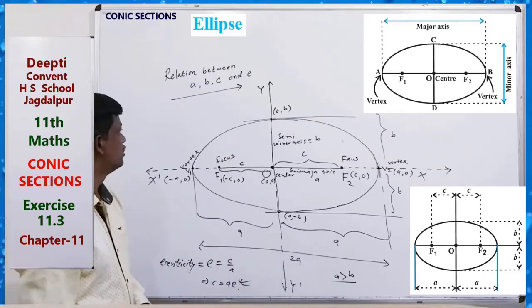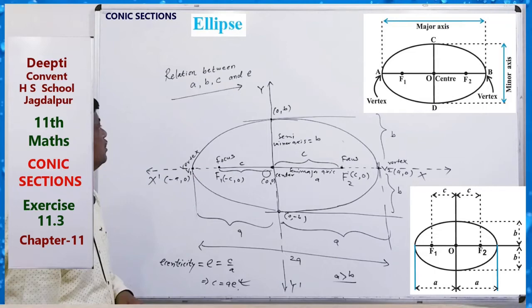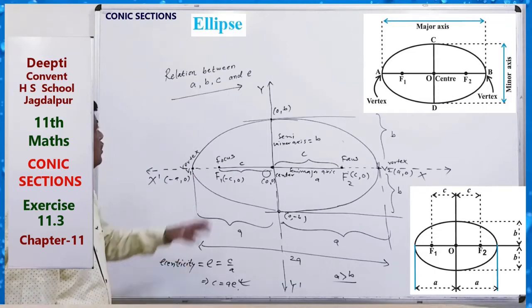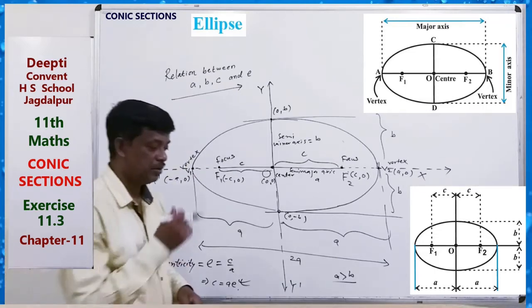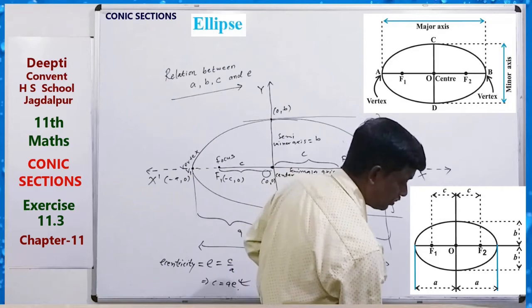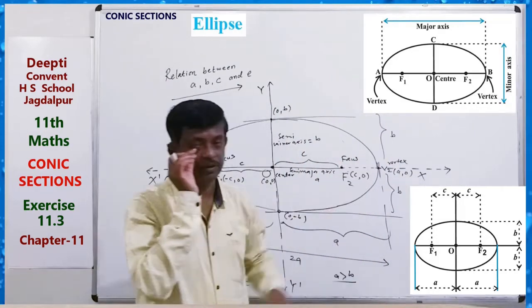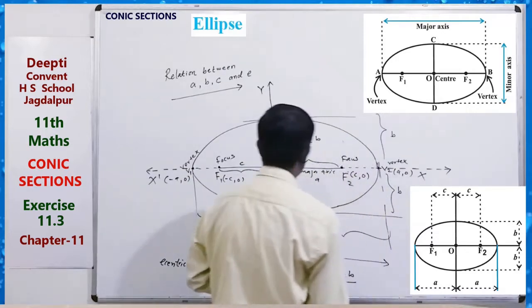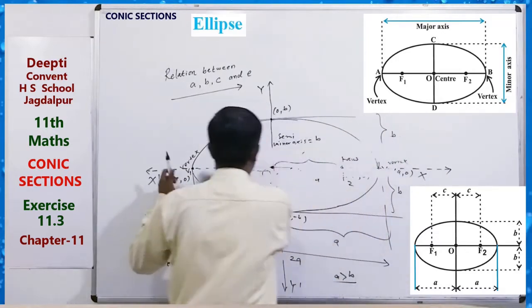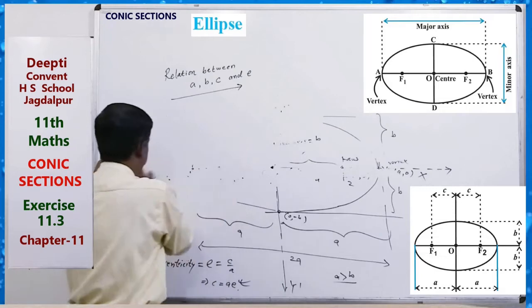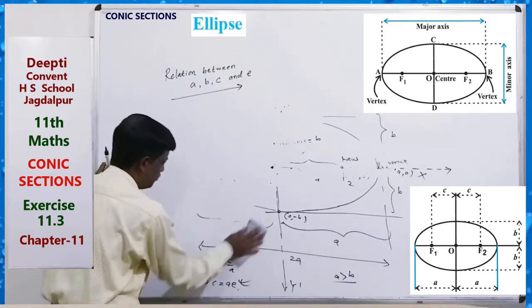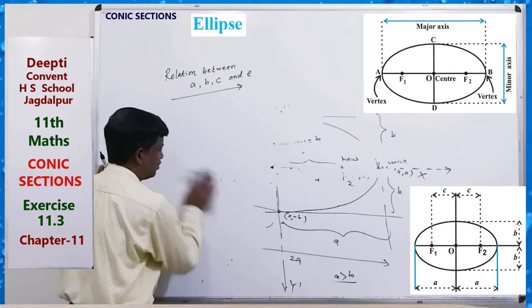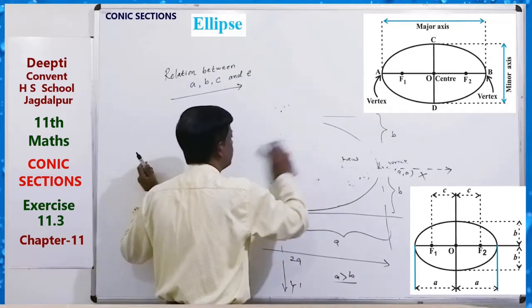Clear? So here the relation between A, B, C. Just see the diagram also for this. We can find the relation between these, very simple.